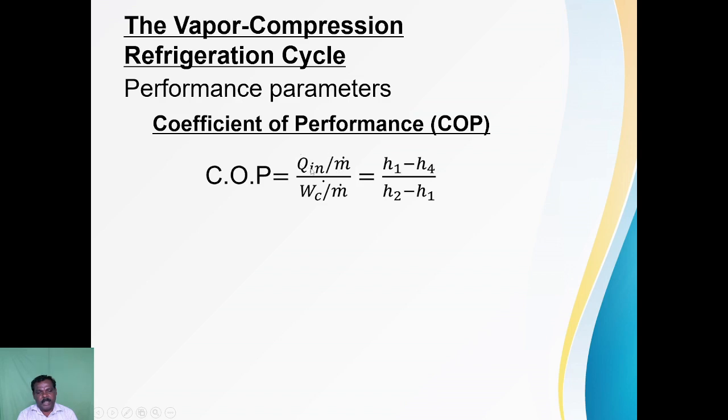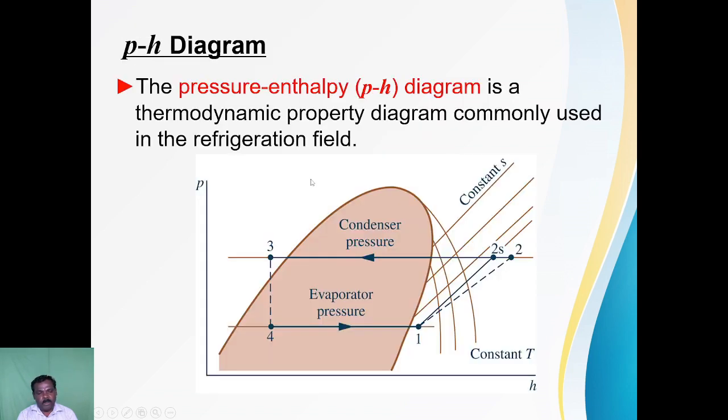It's the heat absorption in the evaporator. What is the input? Input is the work input by the compressor. So COP in terms of enthalpy difference is (H1 minus H4) divided by (H2 minus H1). COP should not be more than 1.